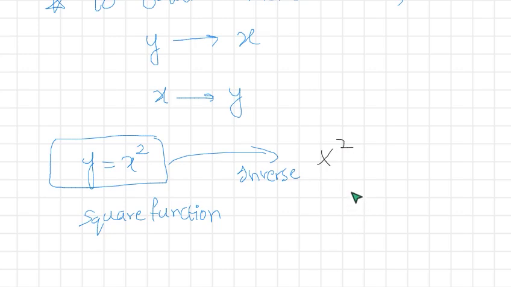See, both are same things only. Yeah, that's what I was thinking. Y became x, right? So wherever there was y, you put x there. So it will be x is equal to, not x square.